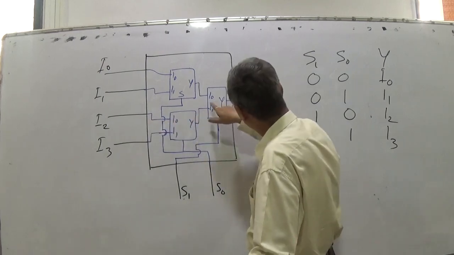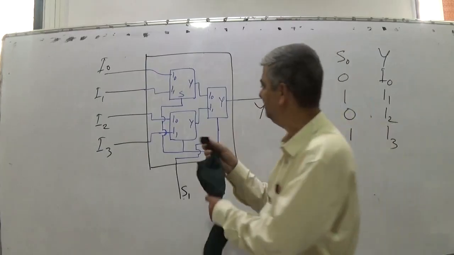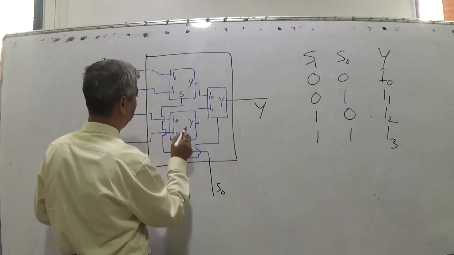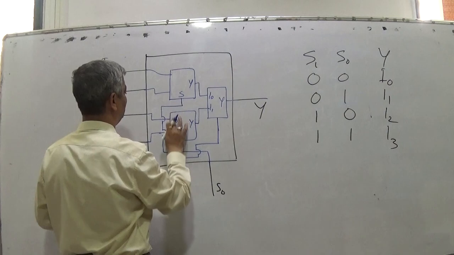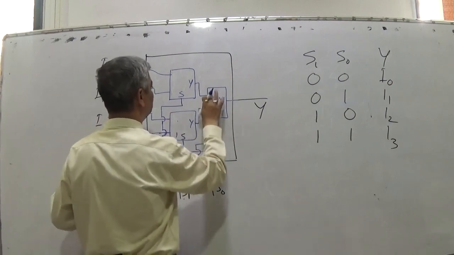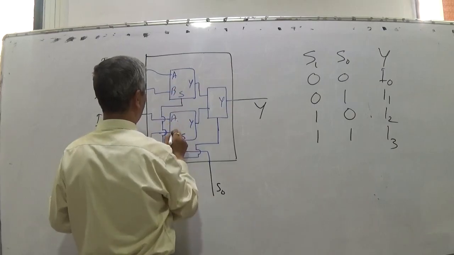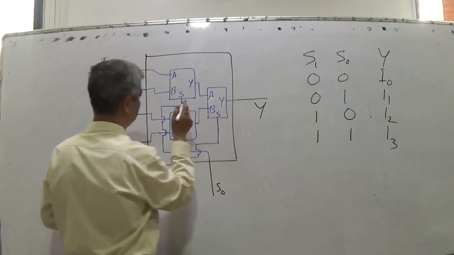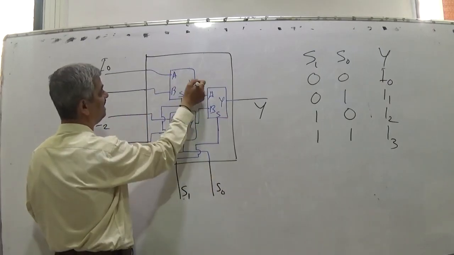Then whether I0 should finally appear or I1 should appear depends on the select line. If these names are confusing, since these names are internal, you can use A and B instead, so that I0, I1 should not be a problem. So when select line is 0, this appears. When select line is 1, this appears here.